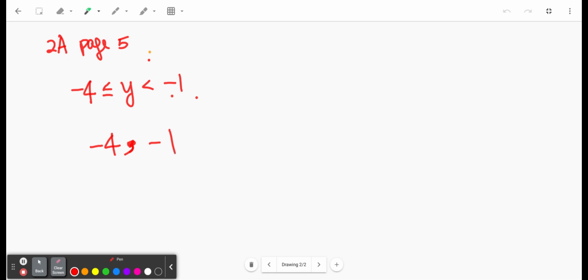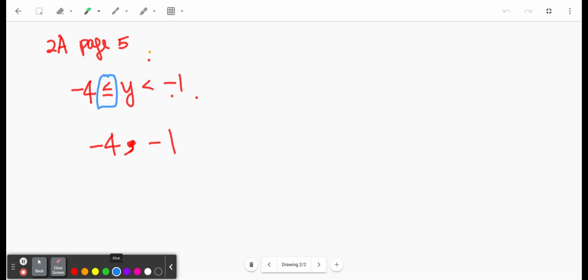Then we need to decide to go with parentheses or brackets. For -4, parenthesis or bracket? The first one, next to -4, should be a bracket because right here, after -4 is a smaller than or equal to.